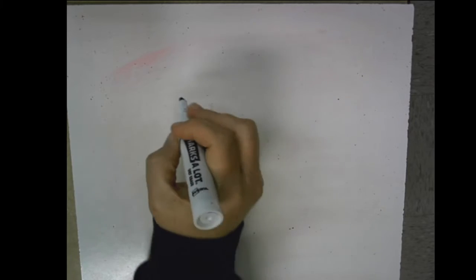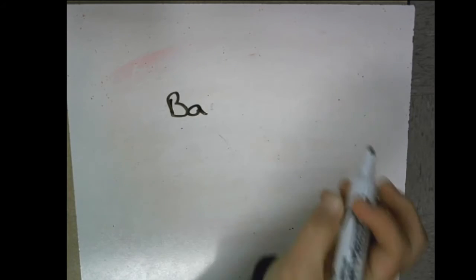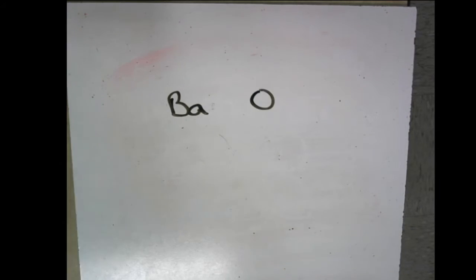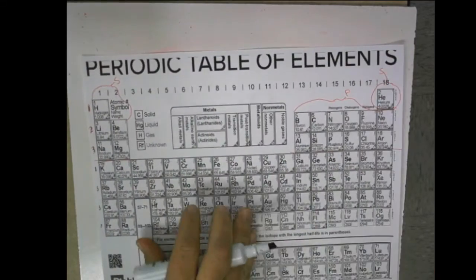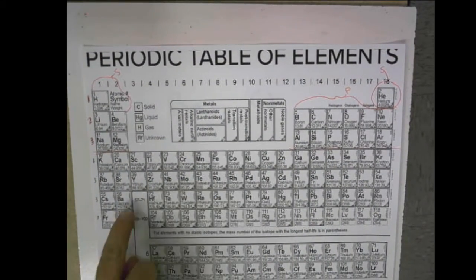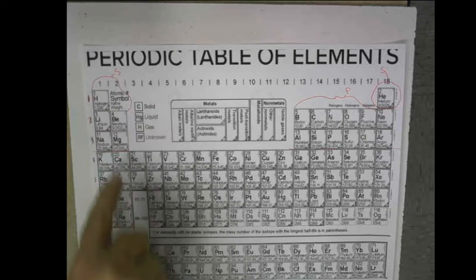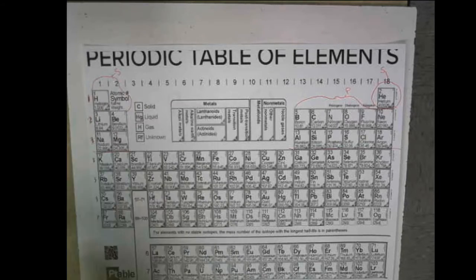And so as you can see, the first thing is it tells you you have barium, okay? And hold on just one second. This seems to be good. So you're going to have barium, okay? And you have oxygen. So if I look at barium oxide, if I find them on my periodic table, barium is here in the second group, so it is a +2.